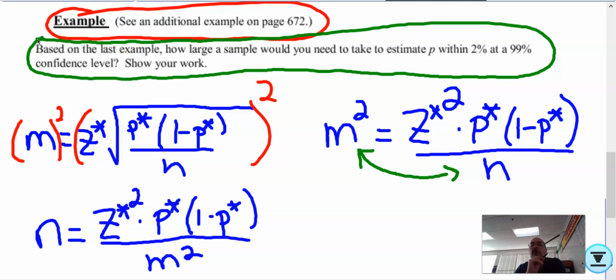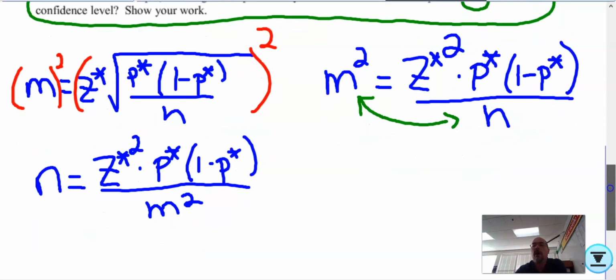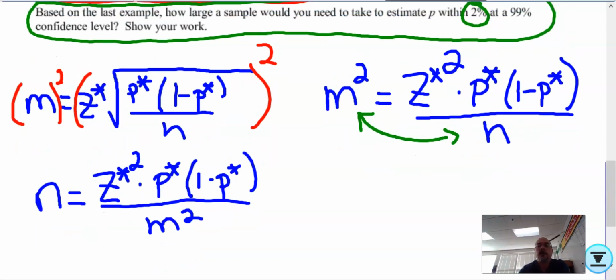Now, based on the last example, how large a sample would you need to take to estimate within 2% at a 99% confidence interval? Well, remember, ladies and gentlemen, your margin of error is 2%, but we always change that to a decimal. So we have to use 0.02. All right, I'm going to plug my numbers in now.